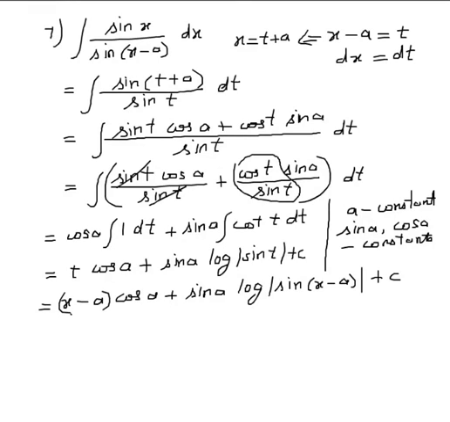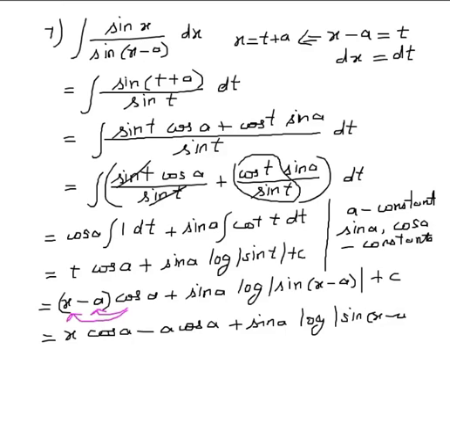Let us distribute this cos a. We get x times cos a minus a cos a plus sin a times log of absolute value of sin of x minus a plus c. We have to give the answer in the simplest form.